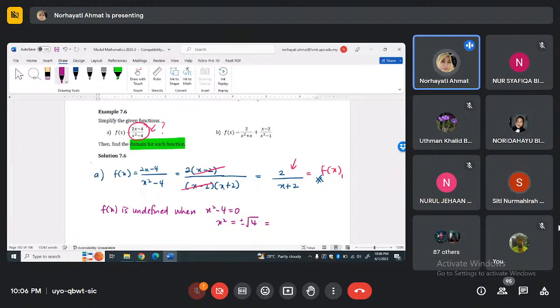So which is negative 2 and 2. Okay. So dia tak undefined at these 2 points.